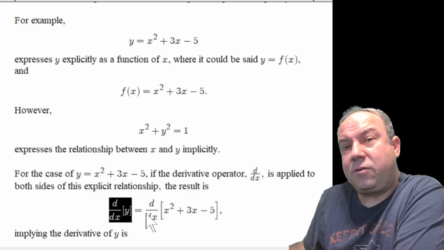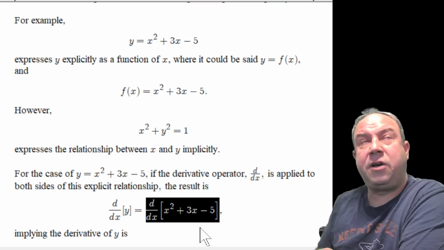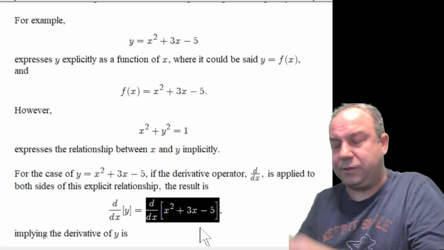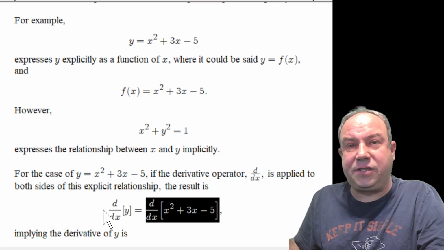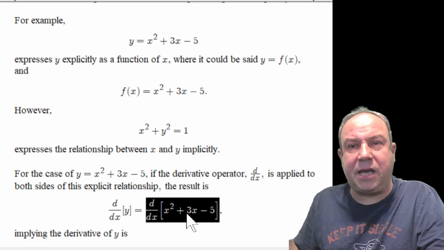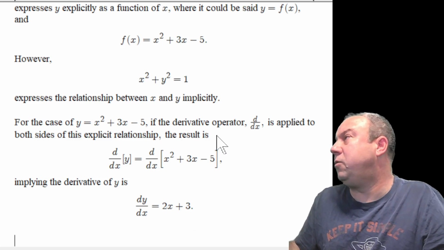And if we apply the derivative operator to the right-hand side of that quadratic, it's going to produce the result 2x plus 3 from our fundamental derivative rules. The left is just an example of notation, dy/dx. The right is an example of the application of our rules. And what we end up seeing is that dy/dx is equal to 2x plus 3.